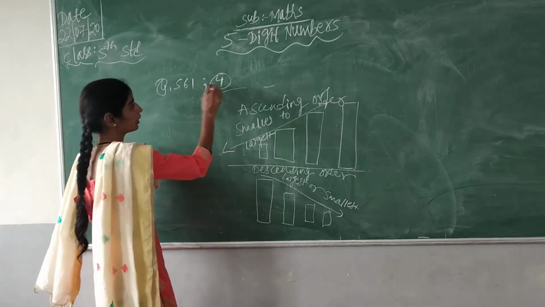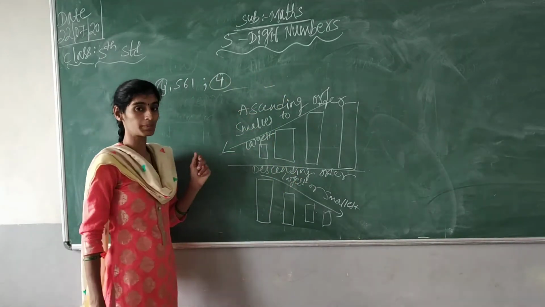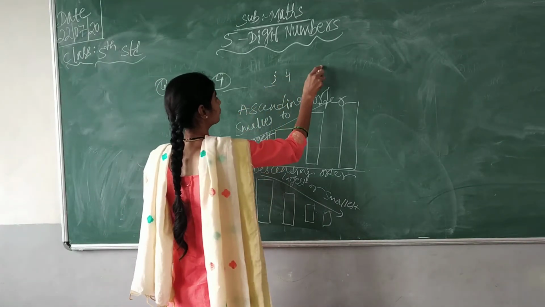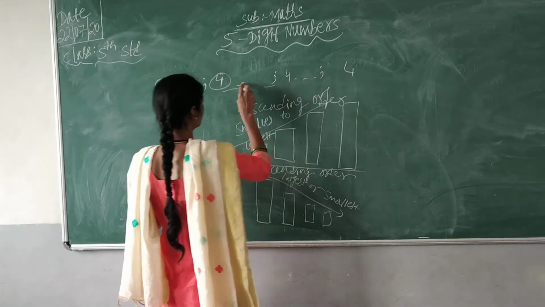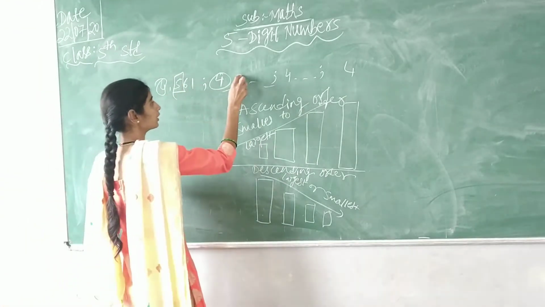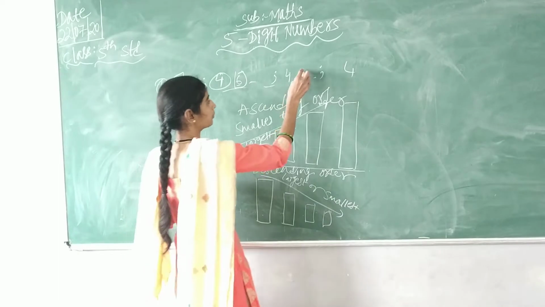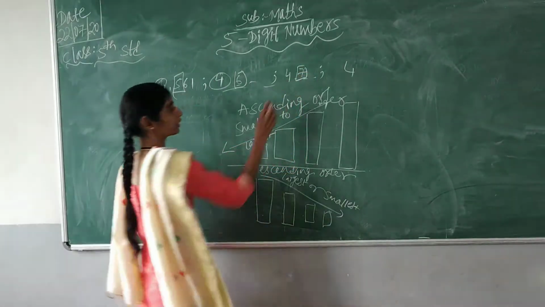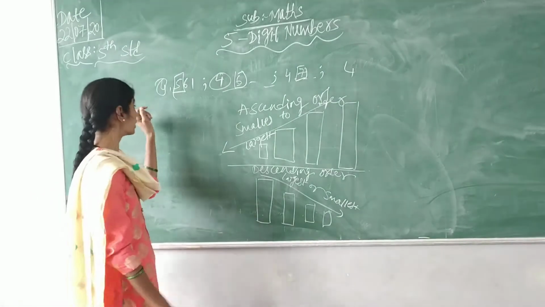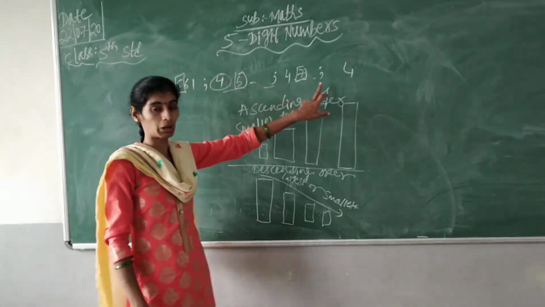Suppose all the first digits are the same, then what do you have to do, children? Then you have to go to the second place value and compare it. That is, the thousands place value you see first.